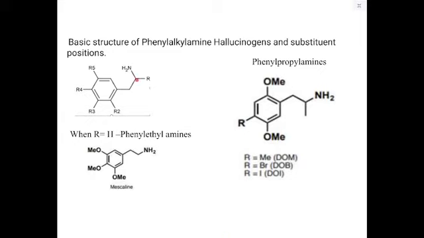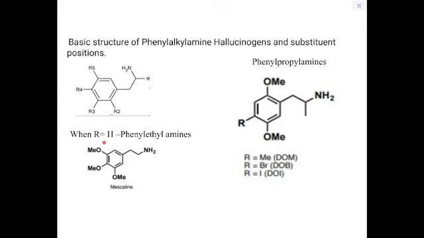We are looking at the basic structure of the phenylalkylamine hallucinogens and substituent positions. So here we have our compound, and then you have positions 1, 2, 3, 4, 5. So you can do substitutions at those various positions, which are the positions, as we have already said, where we can do substitution.